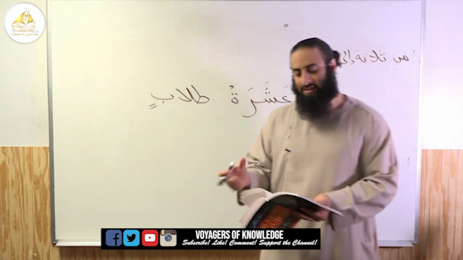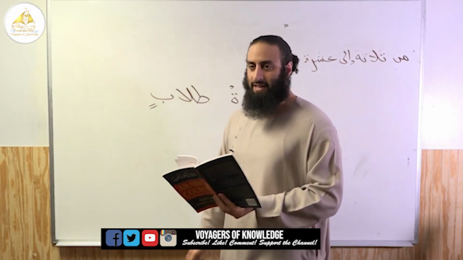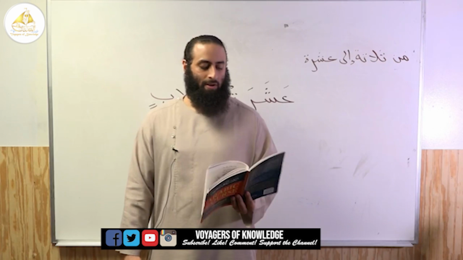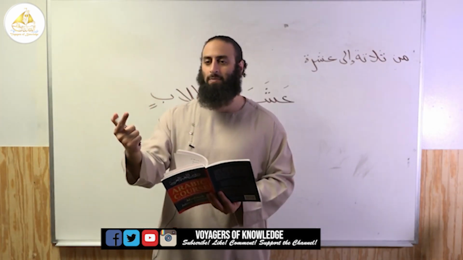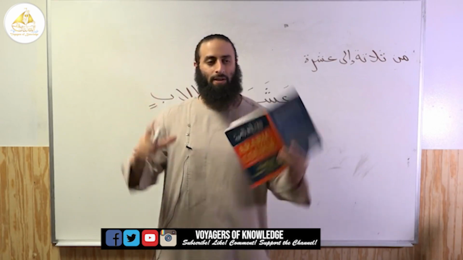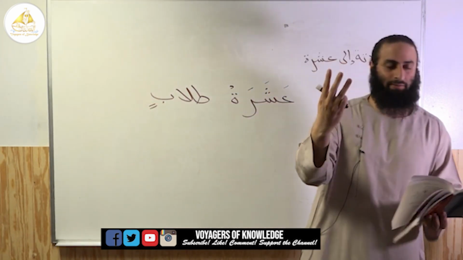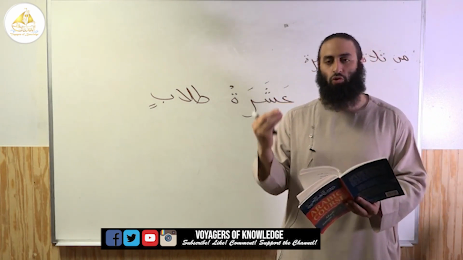So, the example, مثال: كم كتابا عندك؟ How many books do you have? The number in the parentheses is ثلاثة. عندي 3 كتب.